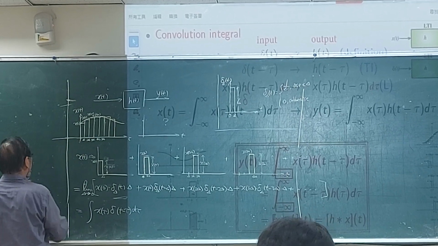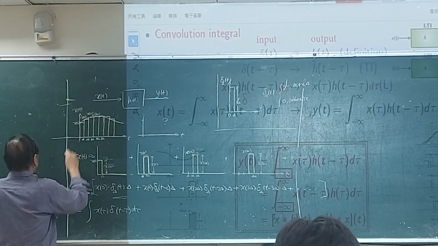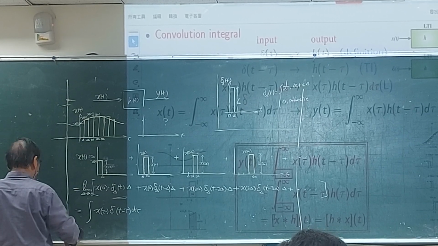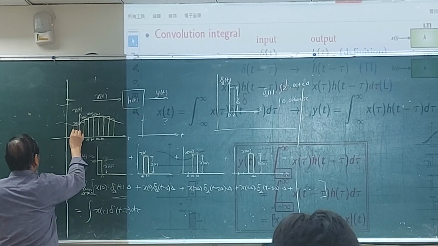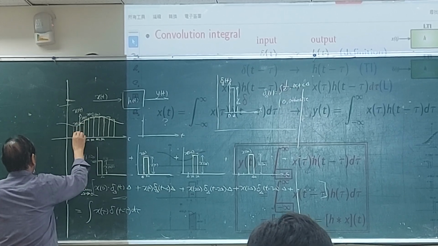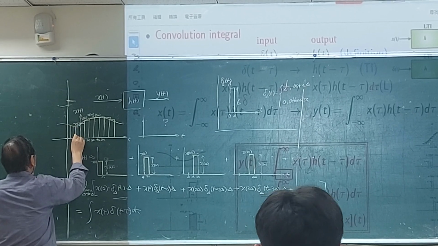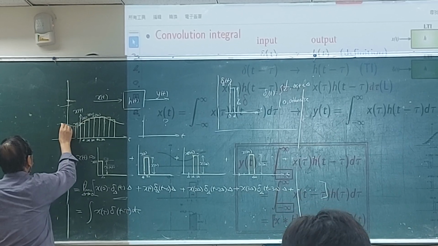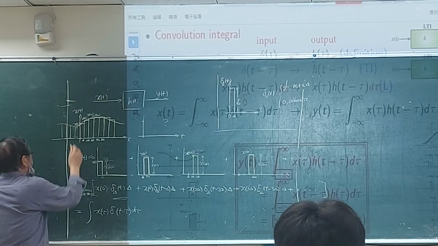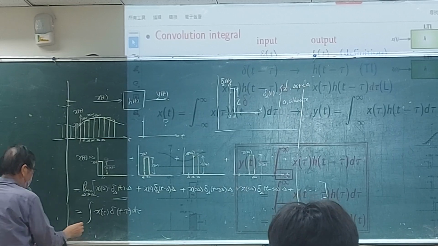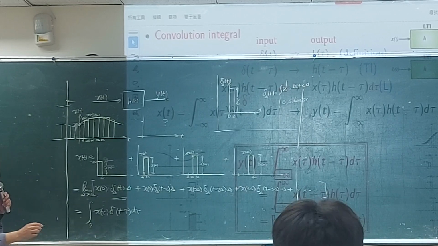But for simplicity, let's assume we have a causal signal and a causal system, so we start from 0.